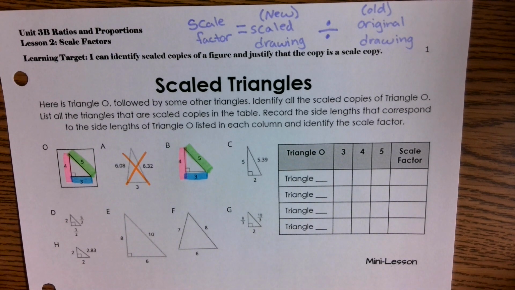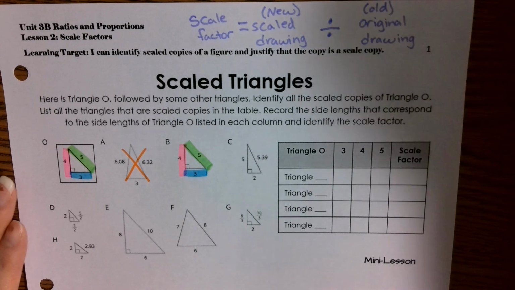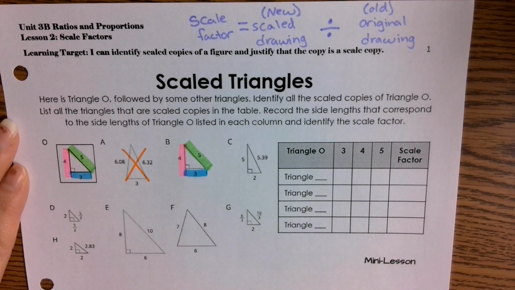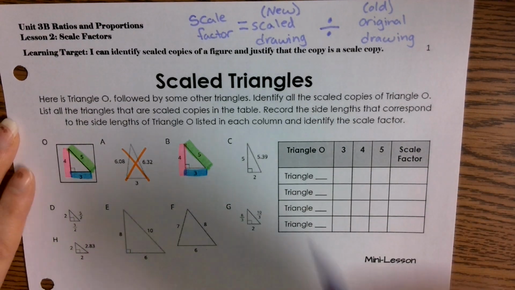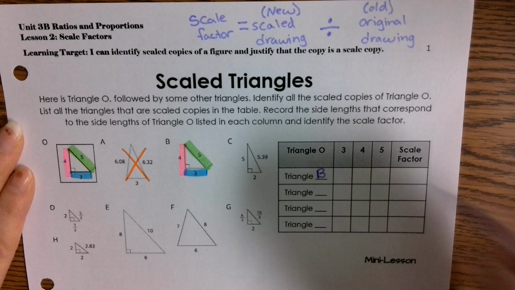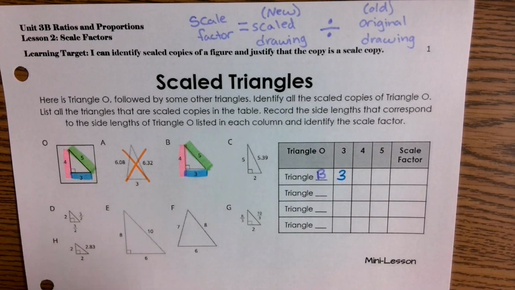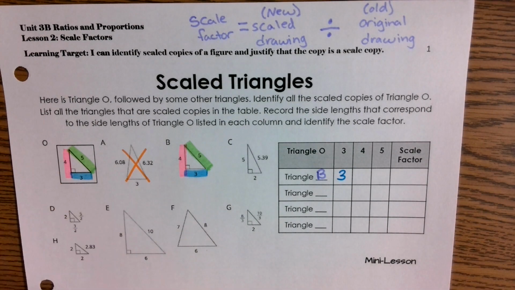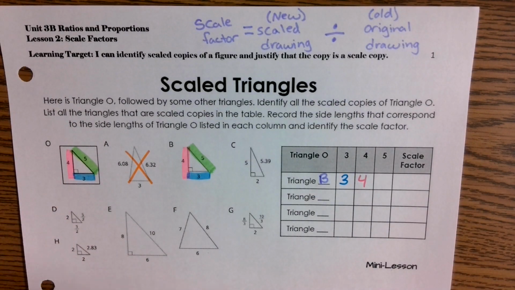If you guys need your colors, you know that your star table has your colors. So we identified that shape B is a scaled copy. The sides that match up: the 3 matches up with the original 3. The 4 on my scaled copy matches up with the 4 on my original.